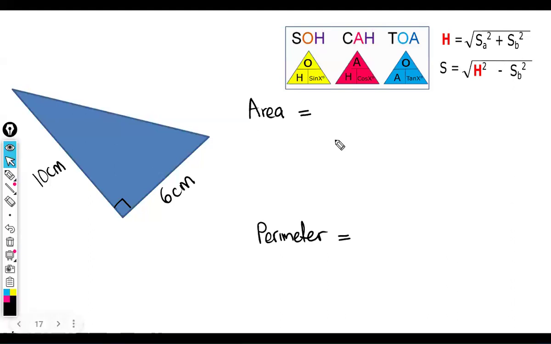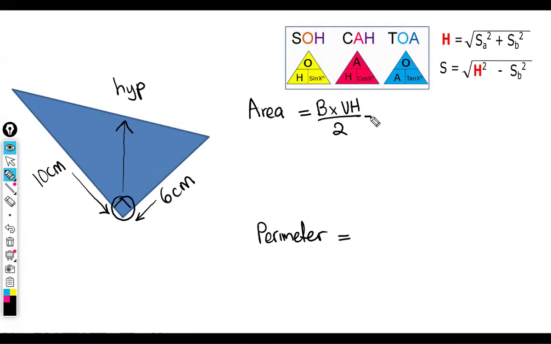All right. So the area, right, is, well, remember, the side opposite the right angle is the hypotenuse. I'll put HYP. The base and the vertical height always touch the right angle. So the area, the first formula you usually learn for a triangle, is base by vertical height, I put VH for vertical height, divided by 2.